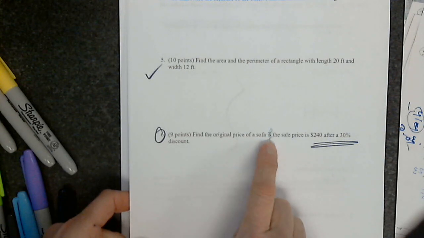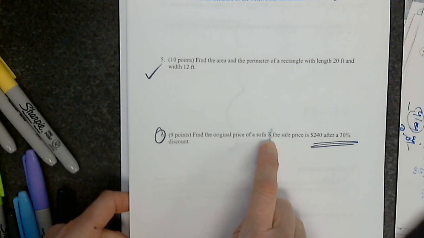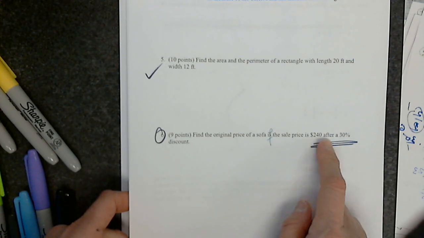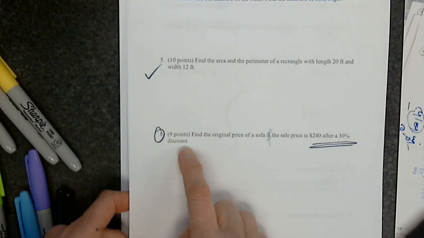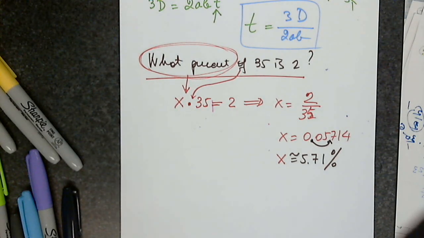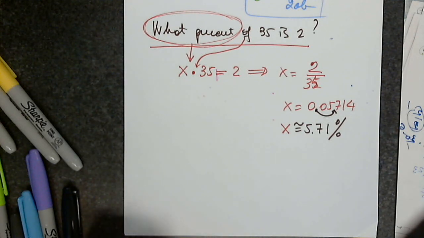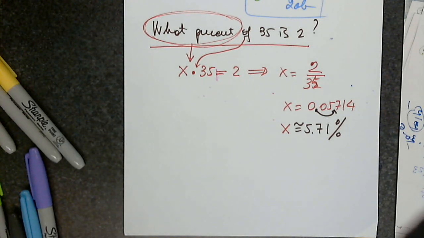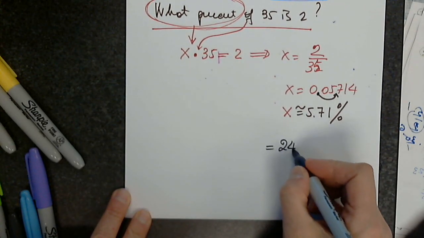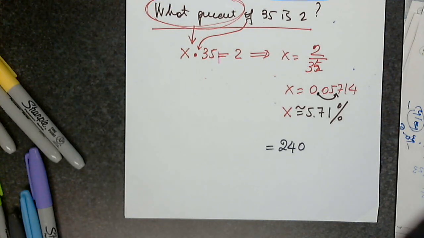Find the original price of a sofa if the sale price is $240 after a 30% discount. So I am paying $240. I'm at the cashier's.